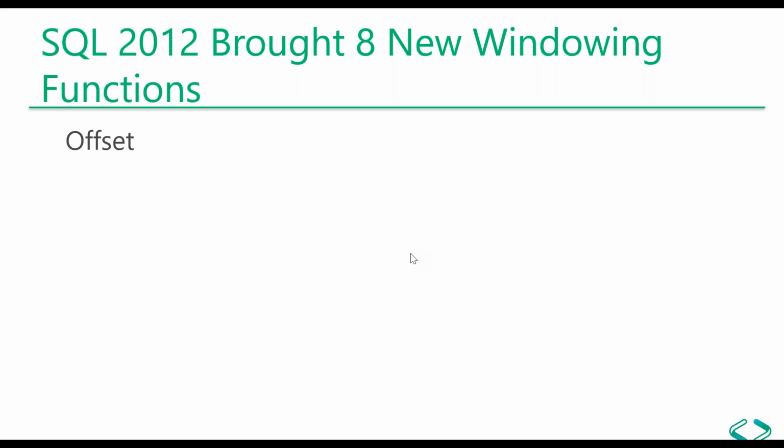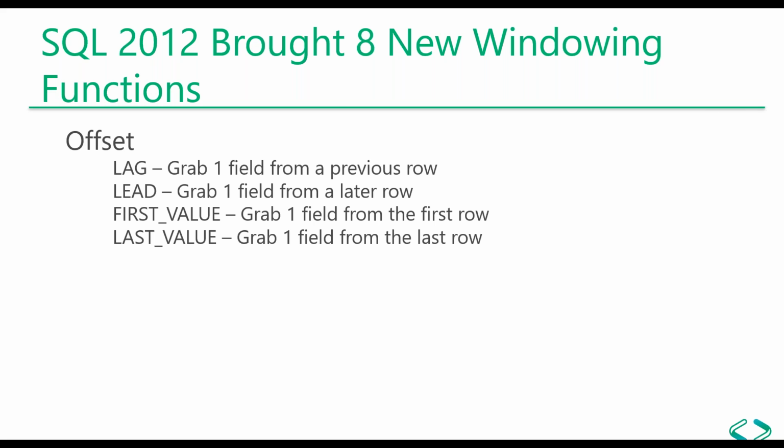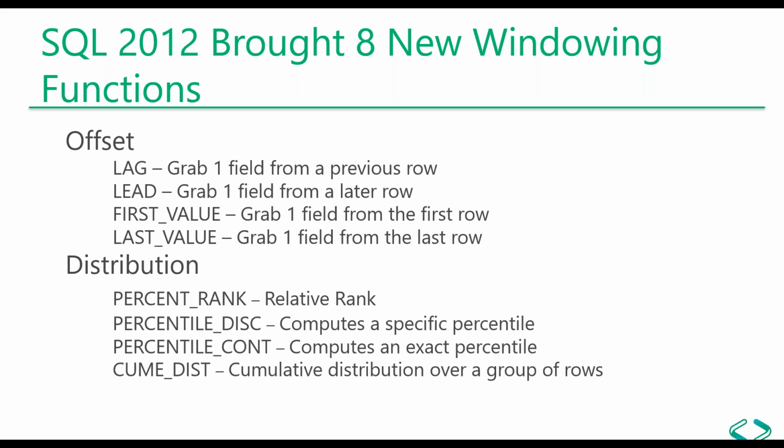They are the offset group, which is lag, lead, first value, and last value. I'll give a very small definition here of what they are. There's also another group, the distribution group, which has these 4 items.